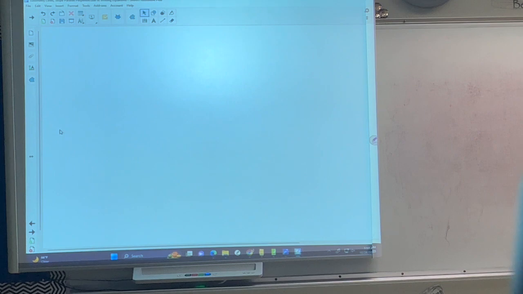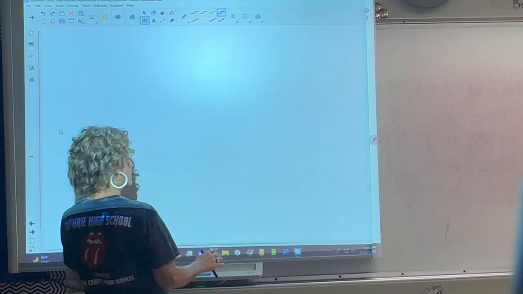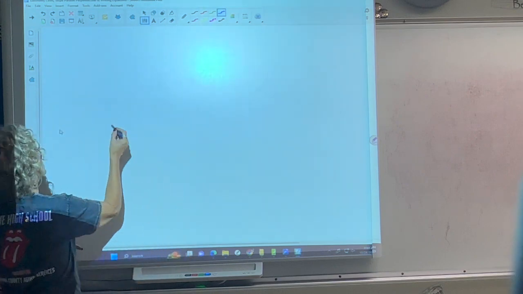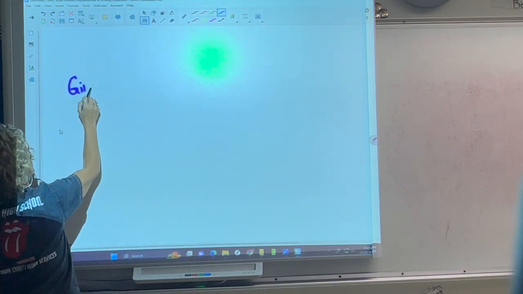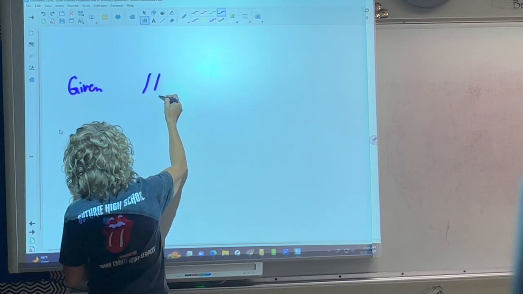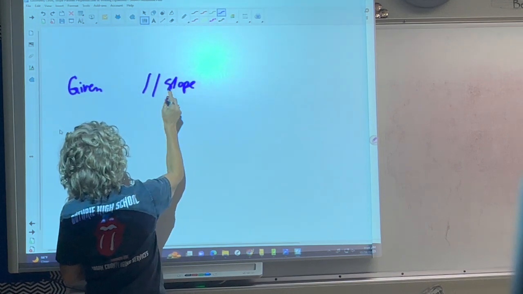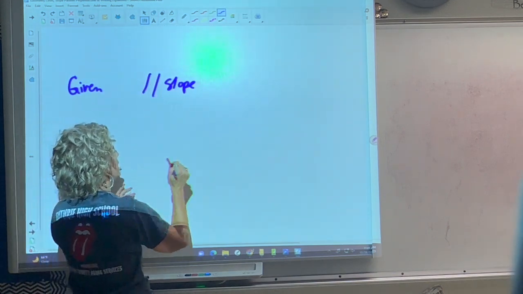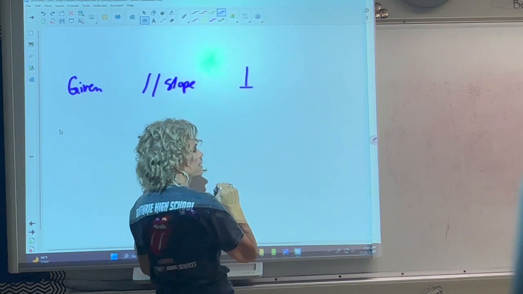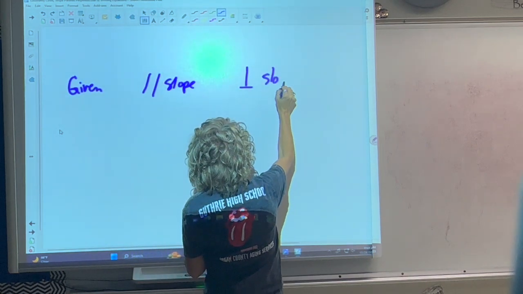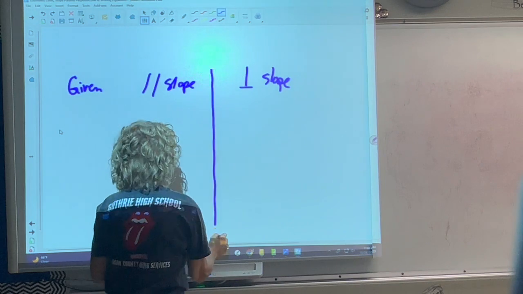Like I said, I want to remind you, parallel lines have the same slope, have congruent slopes. Perpendicular lines have opposite reciprocal slopes. So we're going to be given a number, and then we're going to go parallel slope, because that's the symbol for parallel. This is the symbol for perpendicular, and we have perpendicular slope. Okay, so we're going to talk about that.